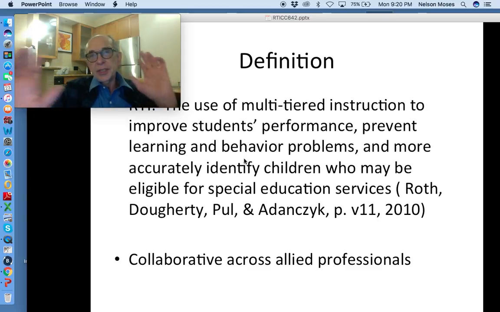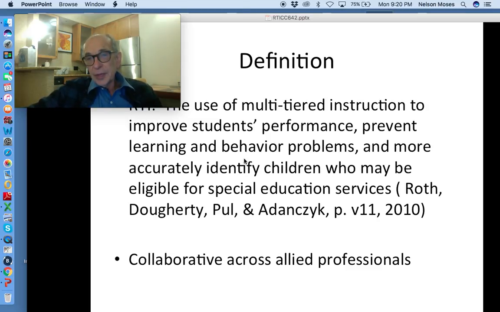And our effort is to keep them in the classroom, where they might need some support, but will not need to qualify for special education services.